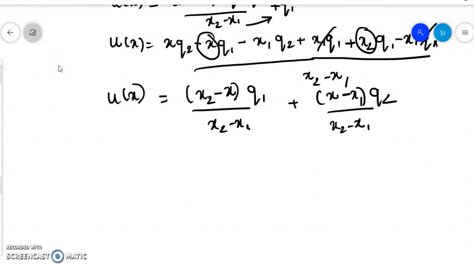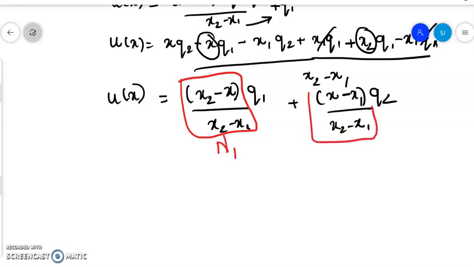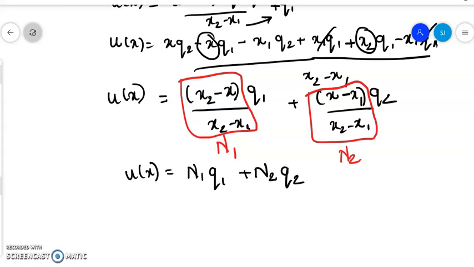Now this term, x2 minus x upon x2 minus x1, is the shape function n1, and this term is the shape function n2. So finally we can write the displacement u of x equals n1 q1 plus n2 q2.